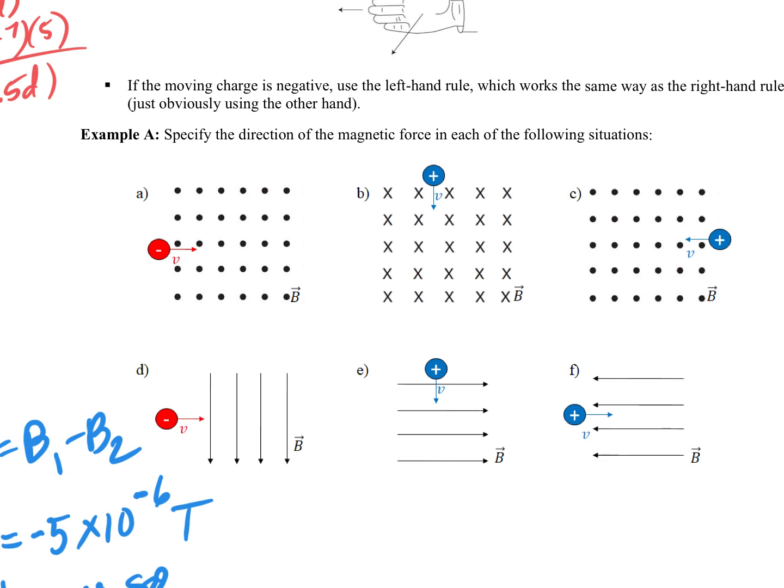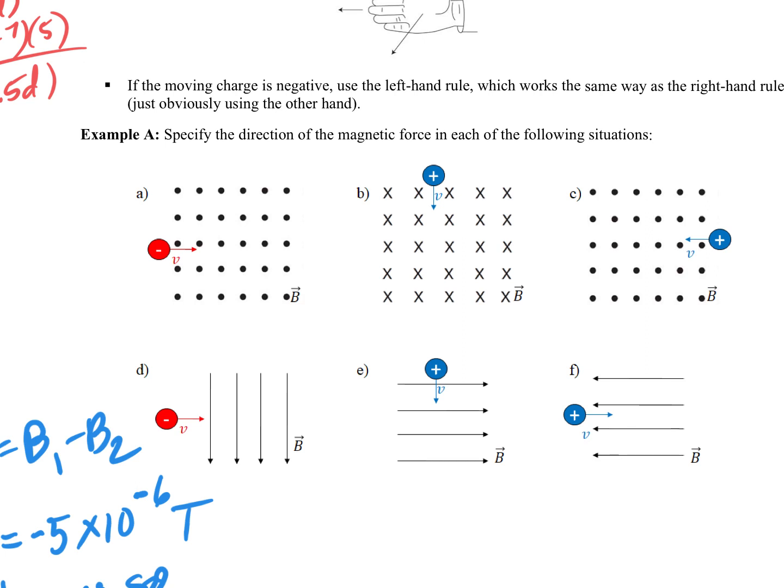All right, what about D? Out of the page. So velocity is going what? B field's going down, right? Velocity's going this way. Why'd you say out of the page, Manny?